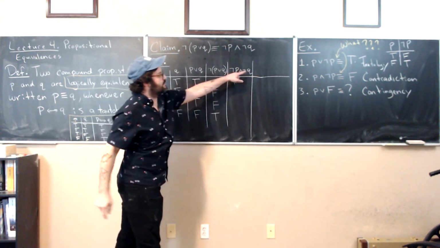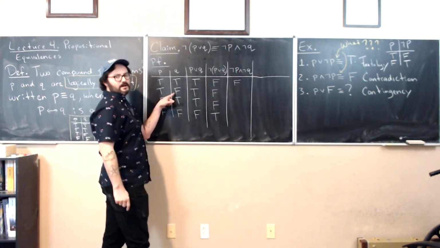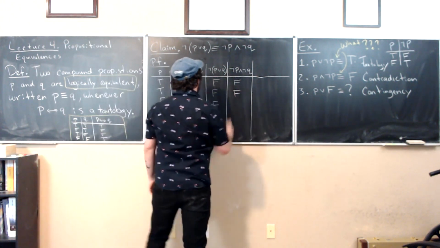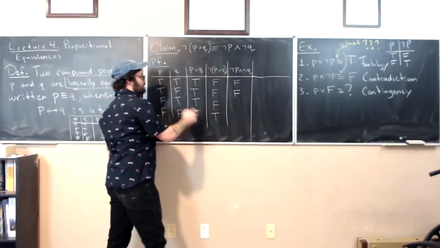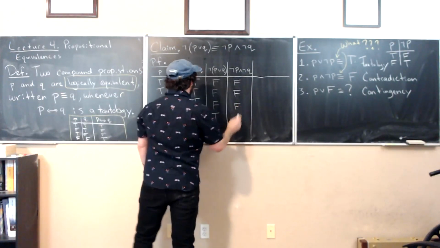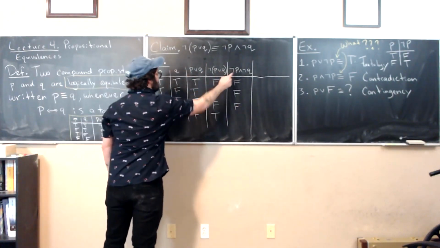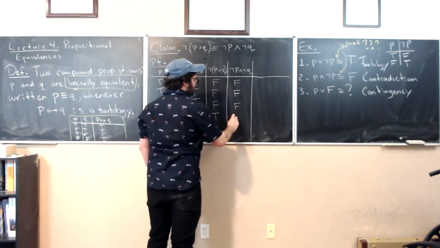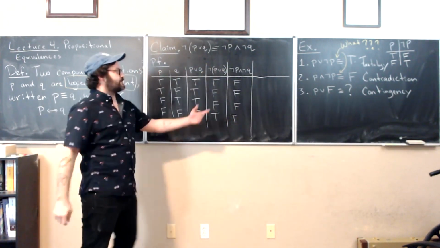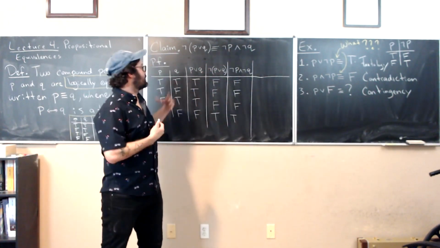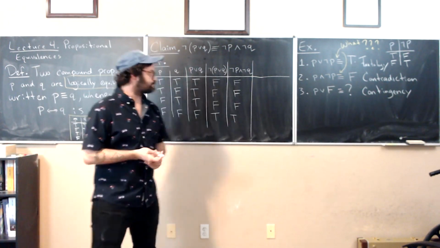Again, I'm negating each of these statements. So not true and not false. So false and true, that would be false. True and false would be false. And then false and false. Oh, no, sorry. I have to negate them. True and true would be true. So that's the column of this truth table associated with the right-hand side of this proposed logical equivalence.